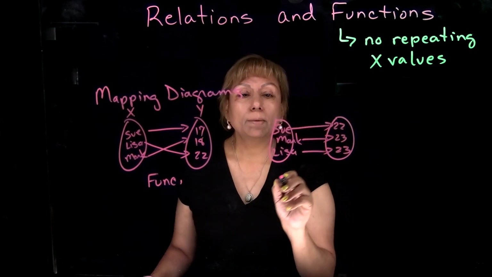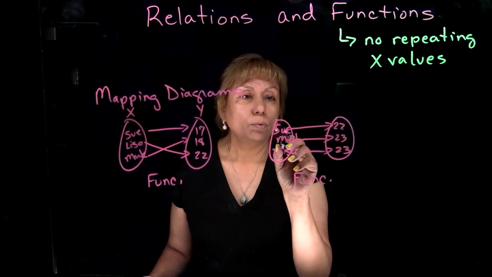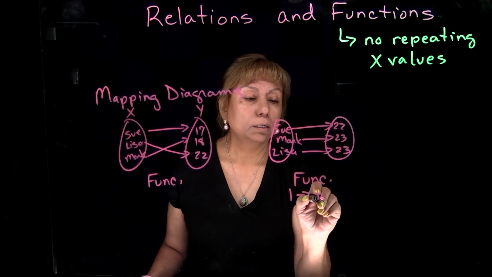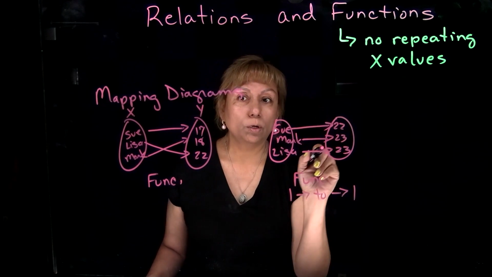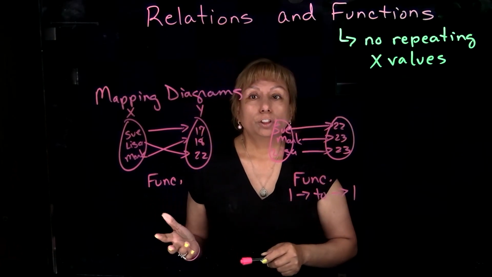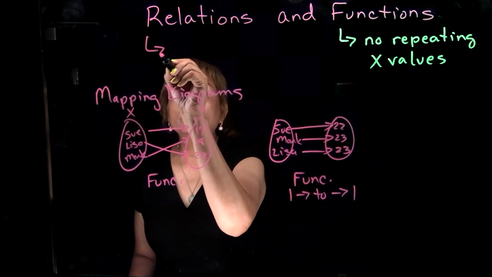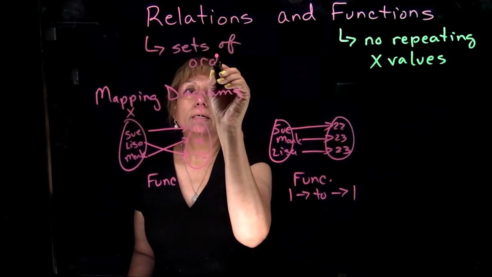So these are examples of functions that are mapping diagrams. And when there's no crossover on the mapping, we call that a 1-to-1 function. 1 x to 1 y. So I hope that helps you remember functions. Relations are, the definition of relations are sets of ordered pairs.